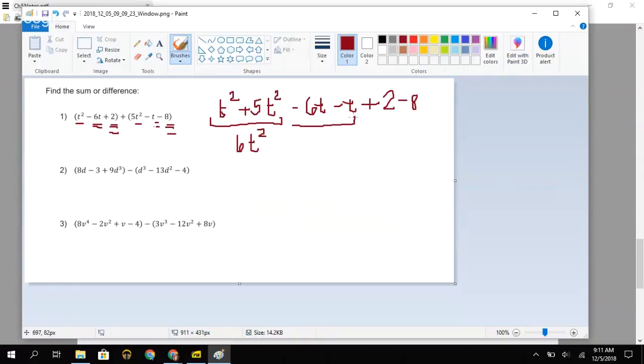Minus 6t minus t is minus 7t. Then add 2, subtract 8 is minus 6. So if I simplify this, it is 6t squared minus 7t minus 6. All right, does that look familiar to everybody?